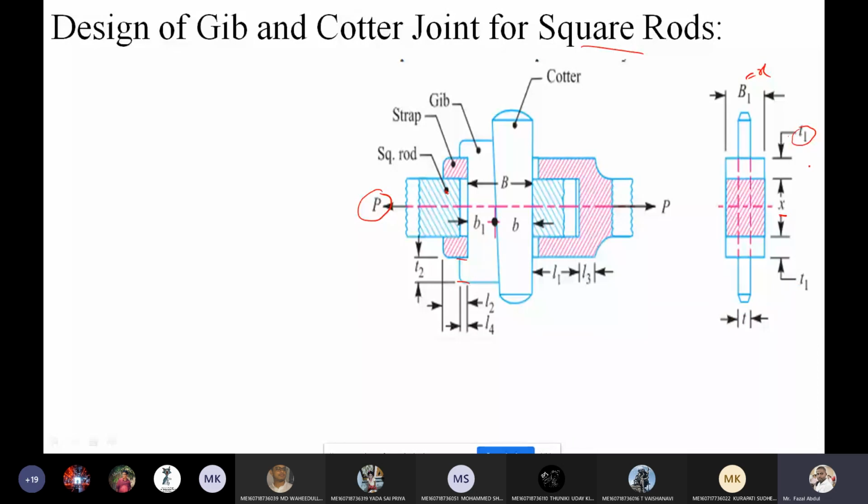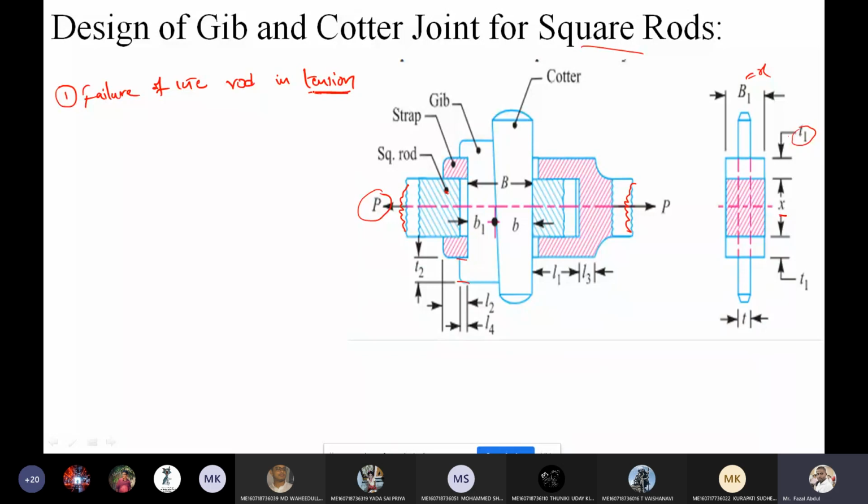Now by considering the failure modes of this joint, we get the dimensions. The first failure mode is failure of the rod in tension. Here, this rod is going to fail in tension.